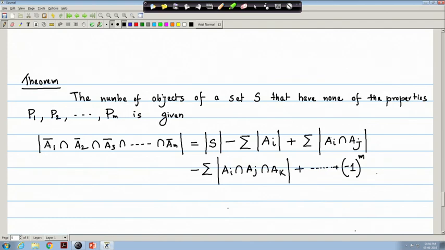So, either it will be plus or minus, and then all, that is A1 intersection A2 intersection up to A_n.